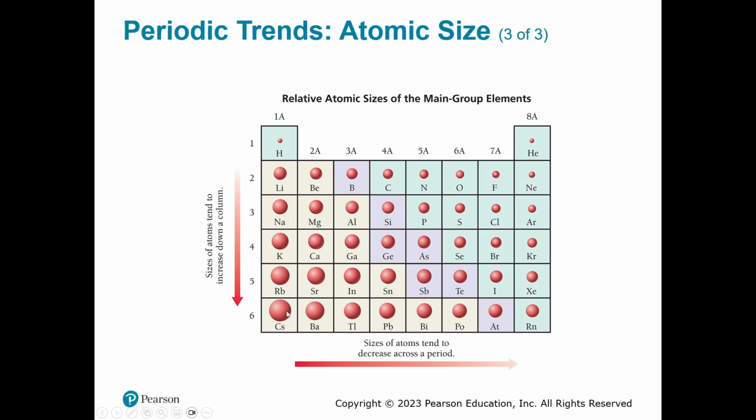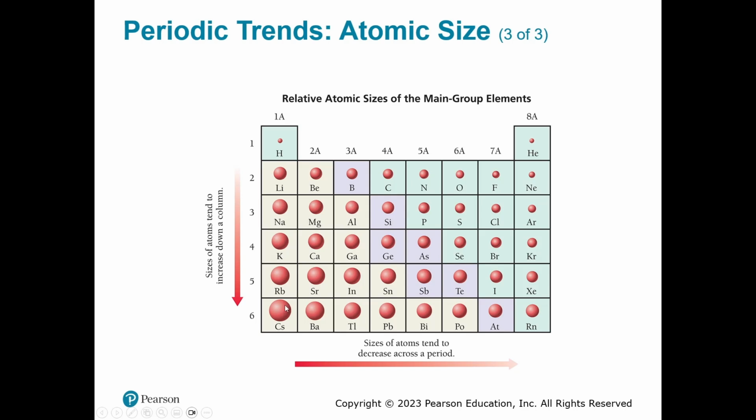If we have ions, this is a little bit different. So ions tend to actually have the opposite behavior because things towards the left of the periodic table form positive cations, so they give up their outermost shell of electrons.